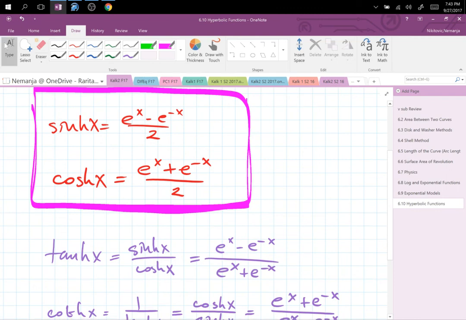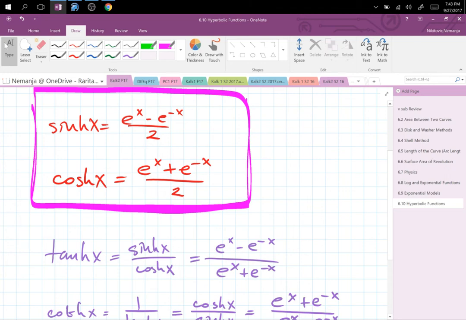Now, as I mentioned before, these functions might remind you of trig functions, and some of the stuff is the same, like tangent hyperbolic is sine hyperbolic over cosine hyperbolic, but these functions are nothing like trig. What's the basic property of trig functions?